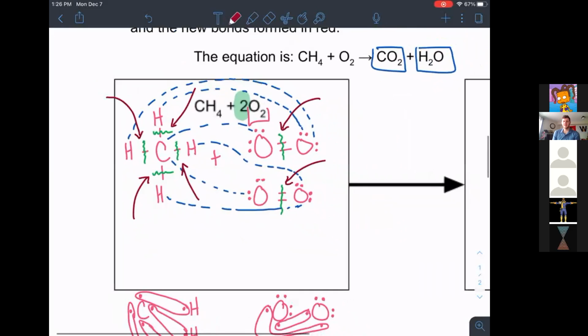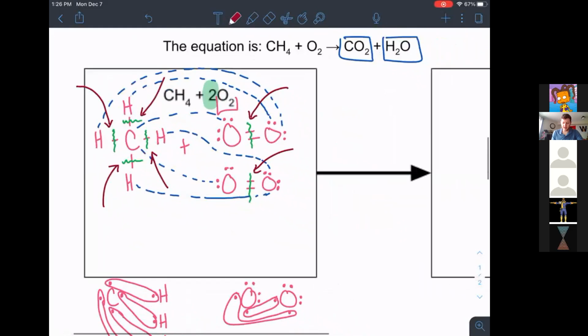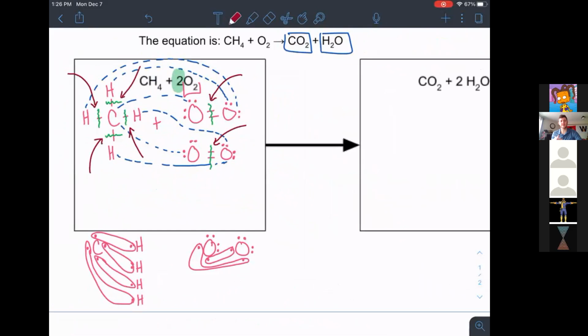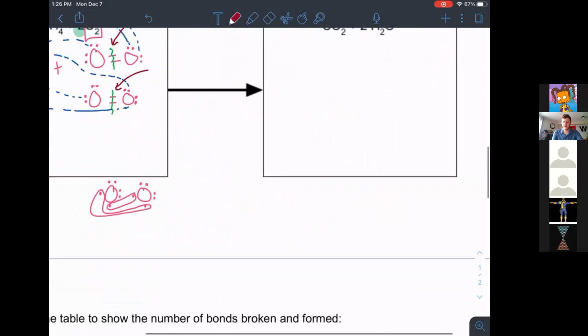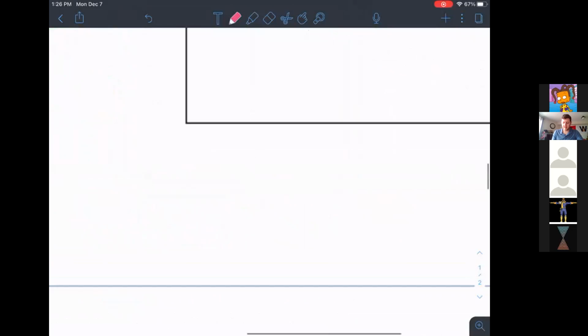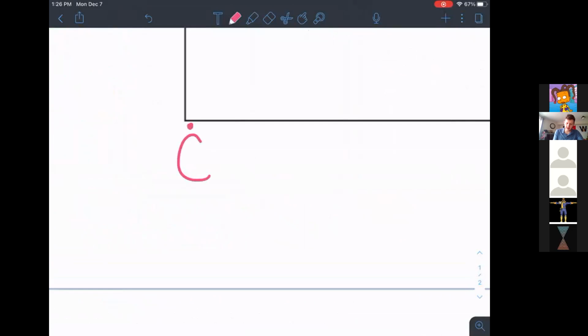All right, so now we actually have to draw those bonds that we showed forming. So let's write those out. Let's determine what the bonds look like for our compound. We have carbon dioxide, so 1 carbon and 2 oxygens. How many bonds is this oxygen going to form? 2 bonds.